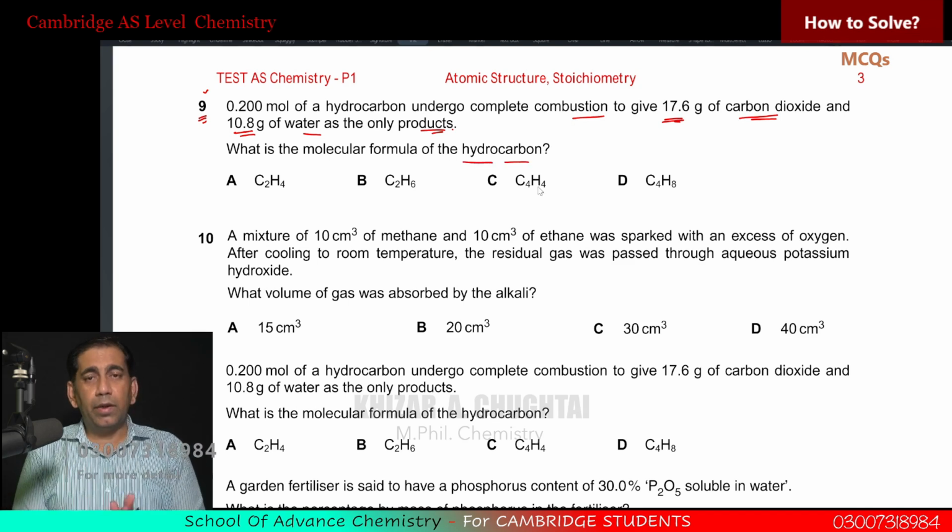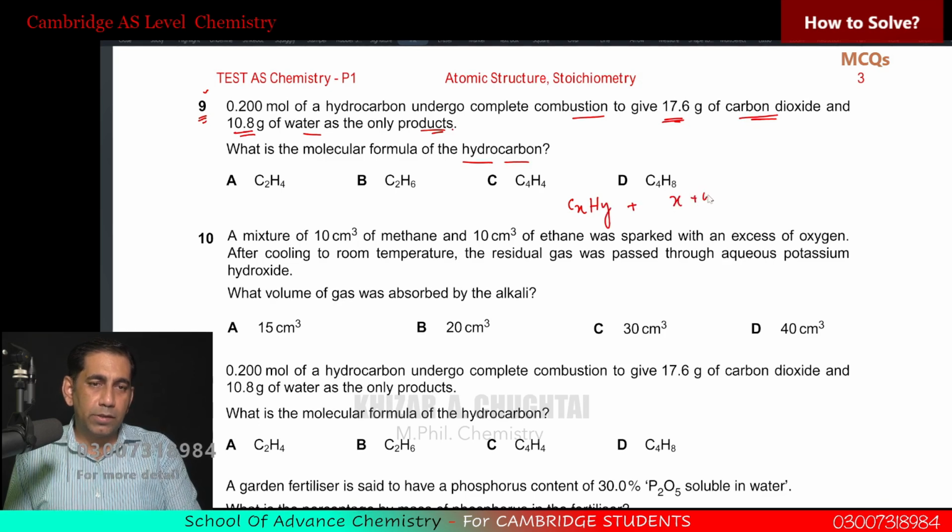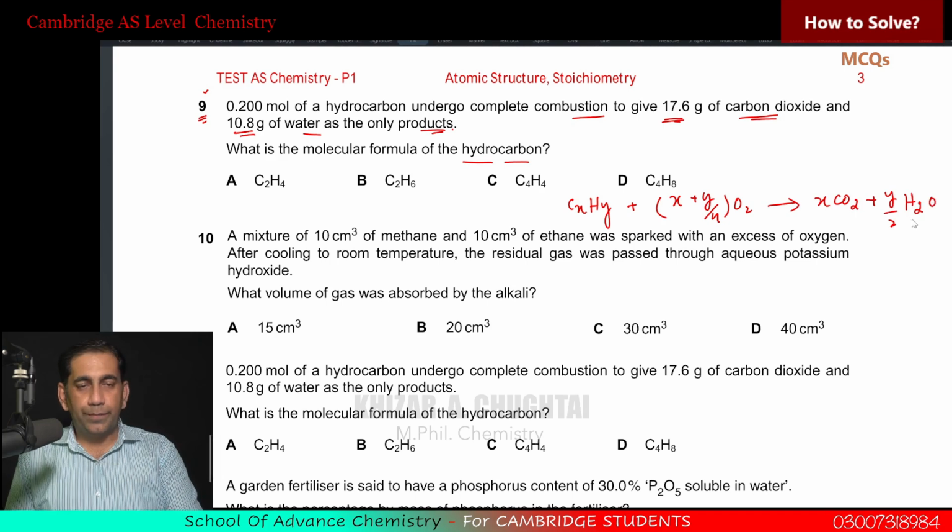Whenever you are asked to find the formula of a hydrocarbon by this combustion route, you will have to write a general combustion equation. That is this one: CxHy plus (x plus y over 4) O2 goes to x mole of CO2 and y by 2 mole of H2O.